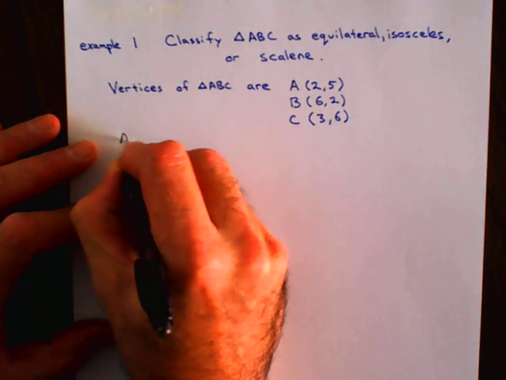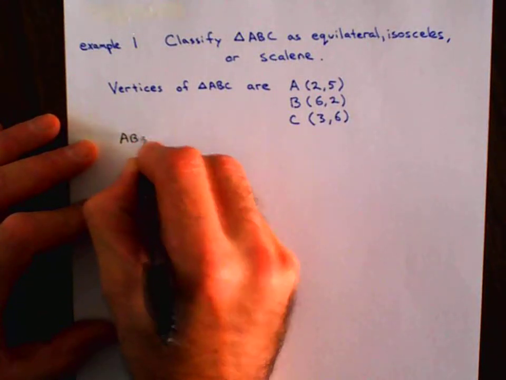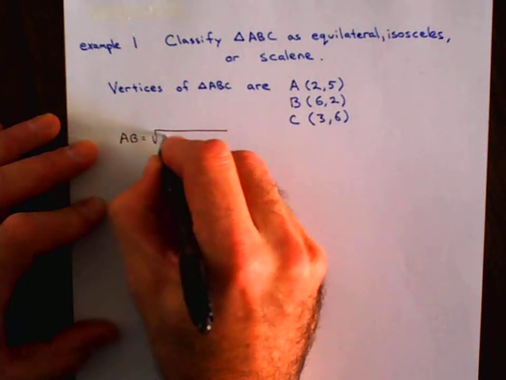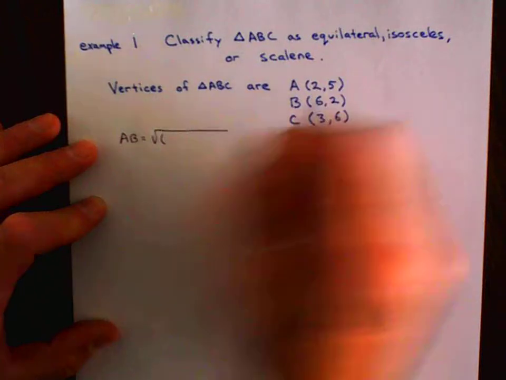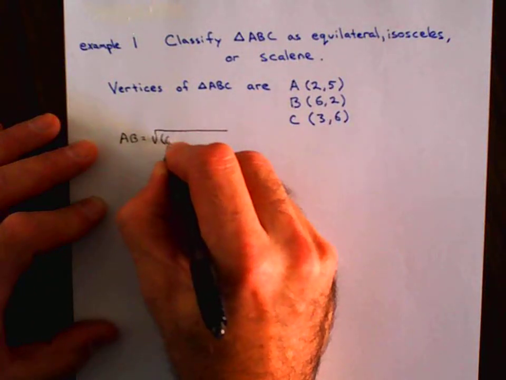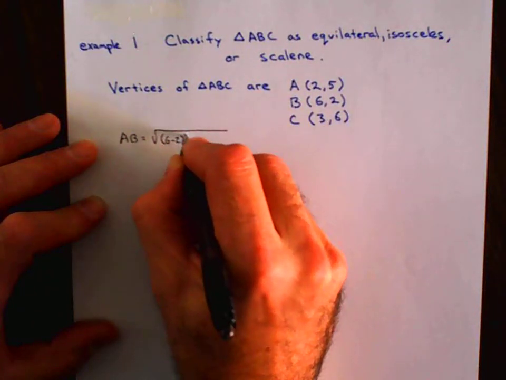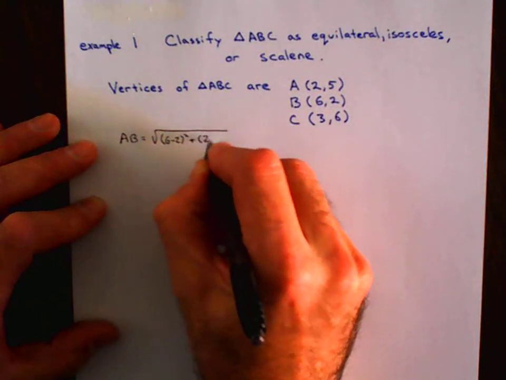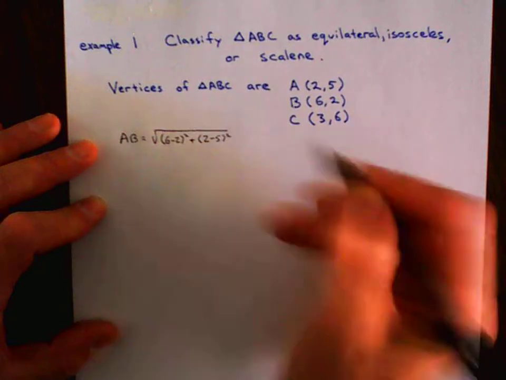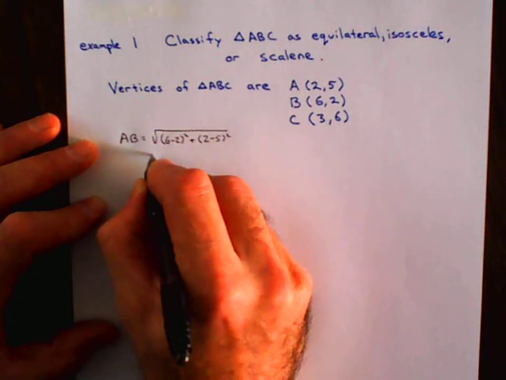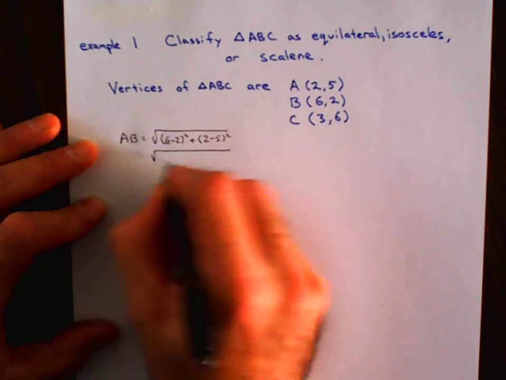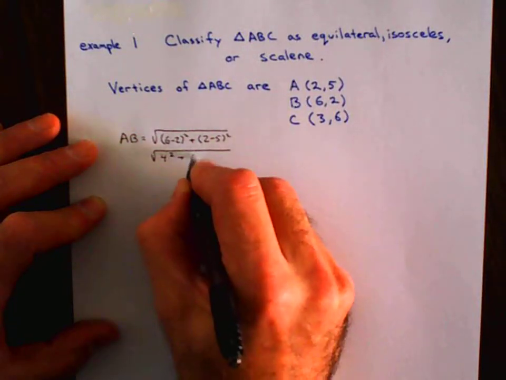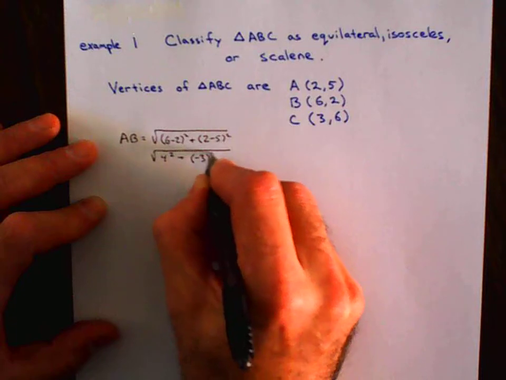I'm going to say AB would equal the square root of (6 minus 2) squared plus (2 minus 5) squared. That gives us the square root of 6 minus 2 is 4 squared, and 2 minus 5 is negative 3 squared.